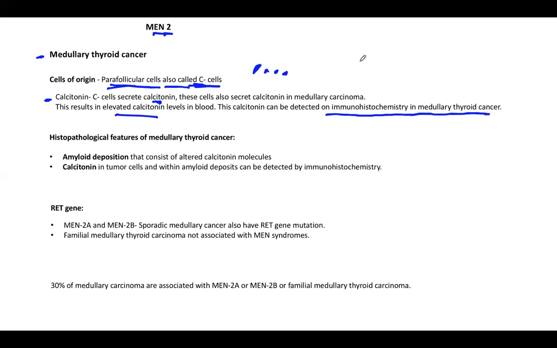So we have a thyroid tumor, we do immunohistochemistry against calcitonin, and we find calcitonin can be detected by immunohistochemistry.